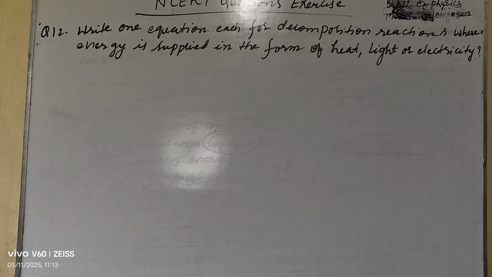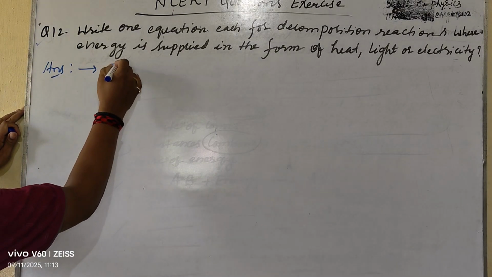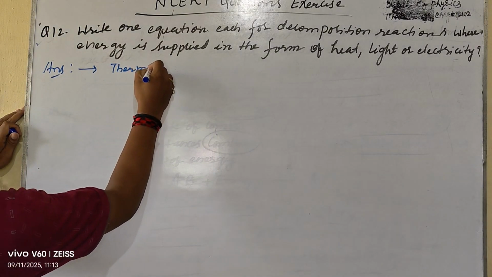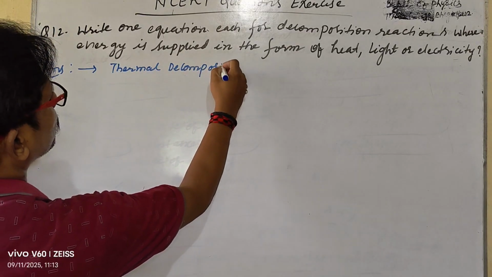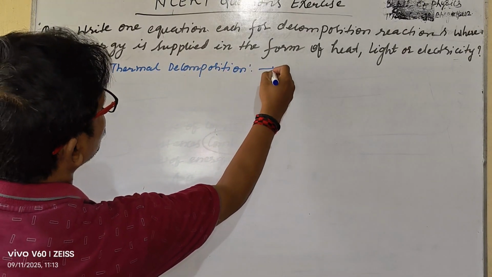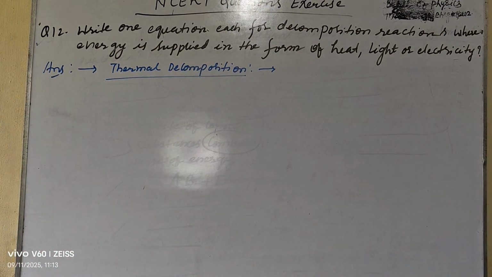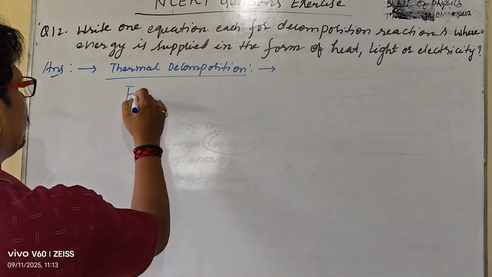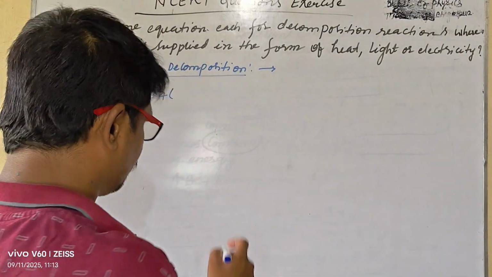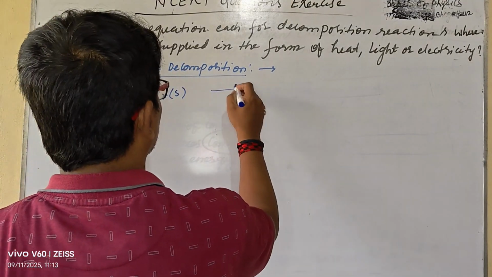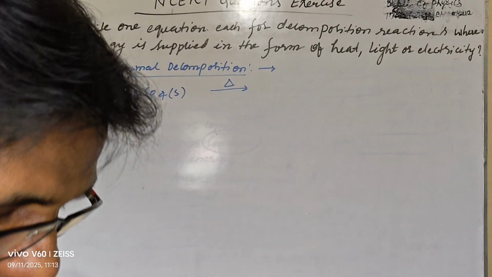First is by the action of heat. Answer: by heat, that is thermal decomposition. In thermal decomposition, you will see FeSO4, ferrous sulfate, when heated, gives us Fe2O3 plus SO2 plus SO3.